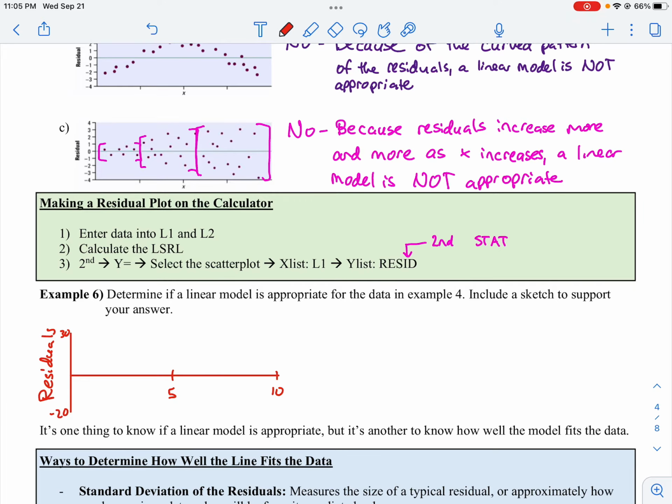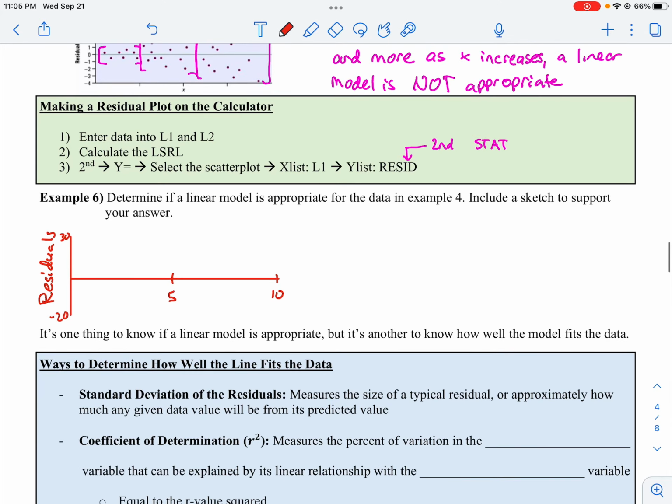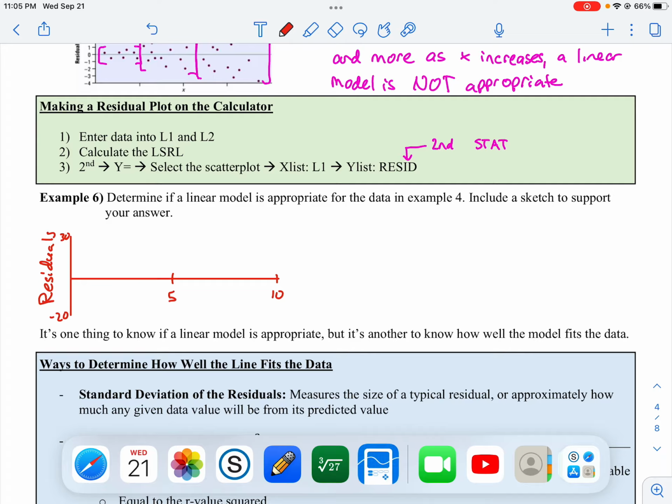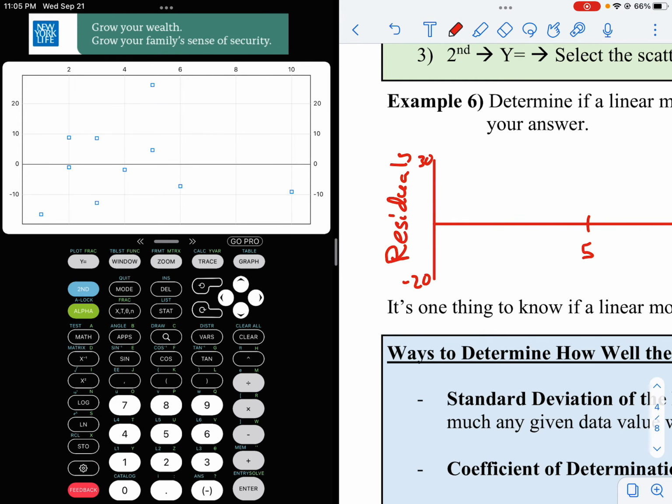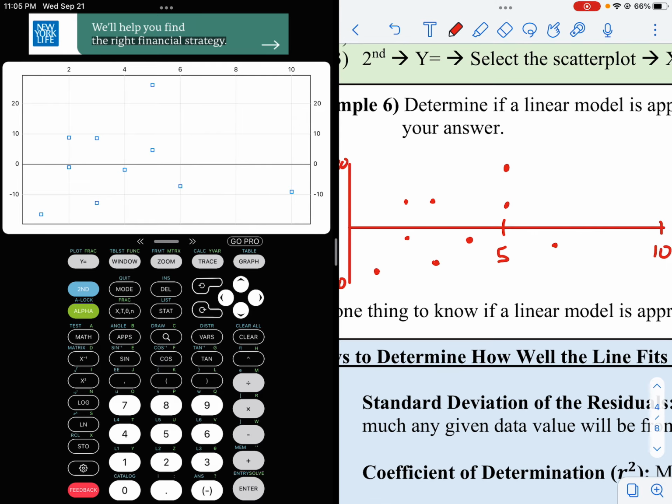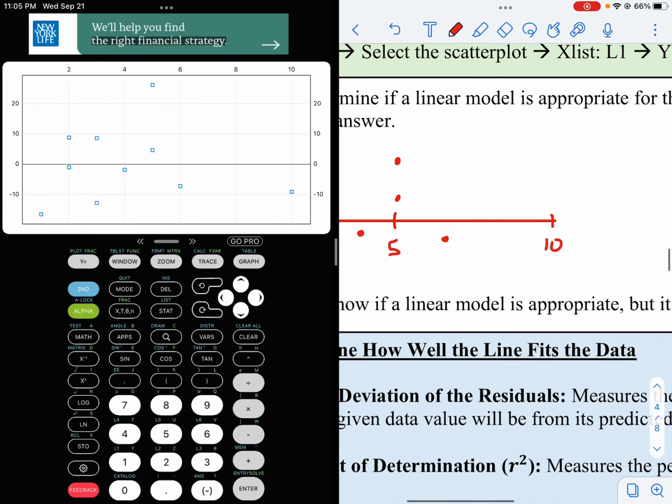And then from there, all I would have to do is just make a rough sketch. So I've got something here, here, here, here, here, here, there, down here, and a little bit lower, right there.